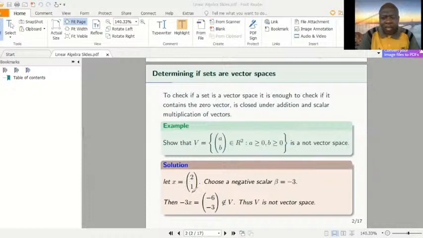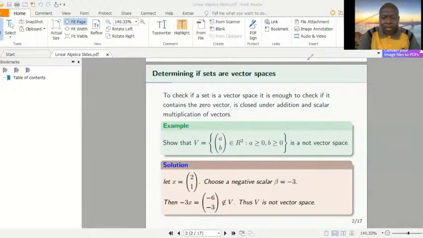I didn't need to check whether it has the zero vector, whether the additive closure property is satisfied. I just knew that for this type of set, the closure property for scalar multiplication will not be satisfied. So you just need to give one, and there's no problem.